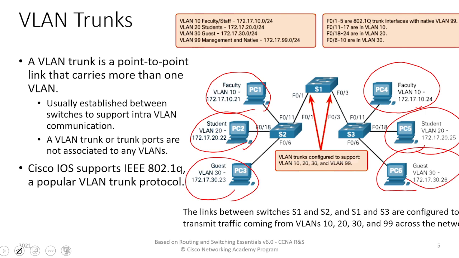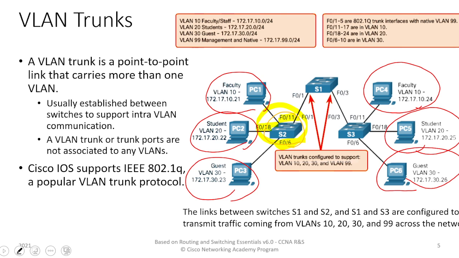And with this, we have two switches where each of these VLANs are attaching to. So if we take switch 2, for example, port 6 is VLAN 30, port 18 is VLAN 20, and port 11 is VLAN 10.